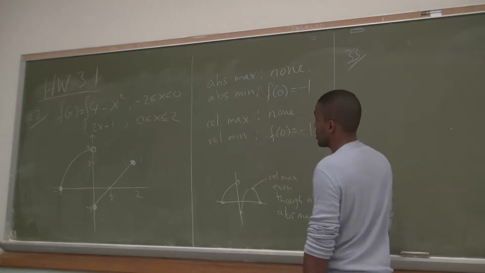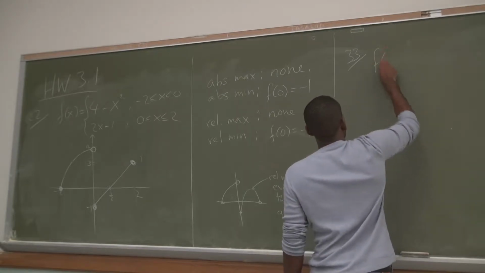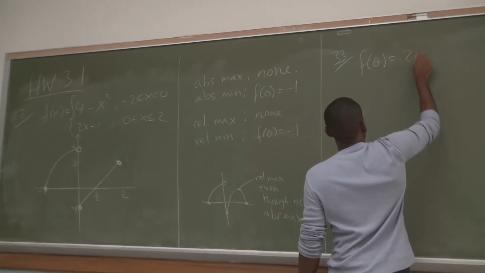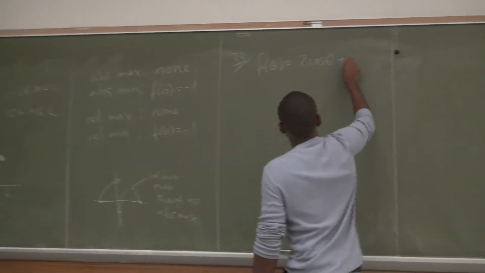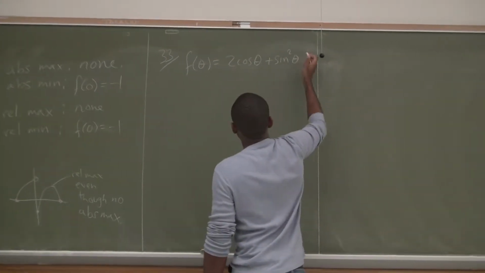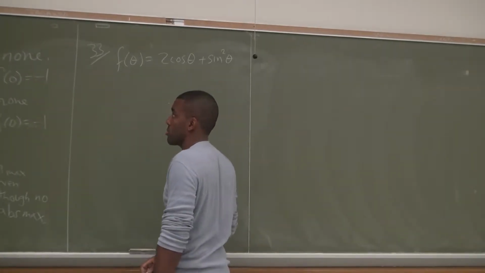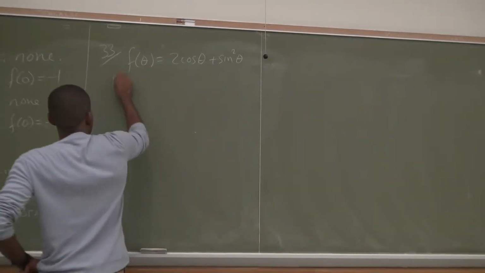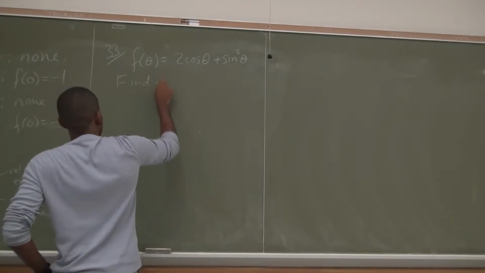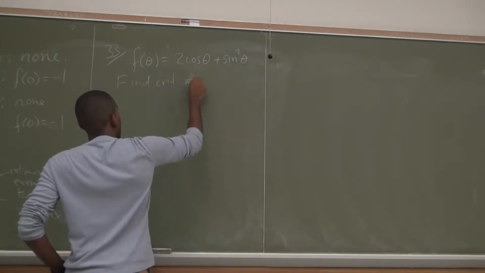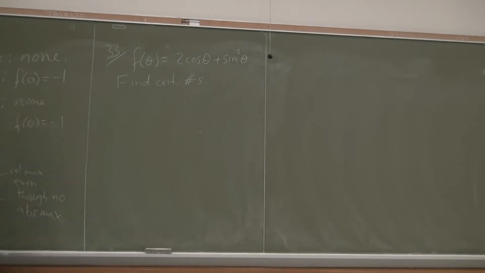What is 30? f of theta equals 2 cosine theta plus sine squared theta. Find the critical numbers. So this is all the theta values where the derivative is either 0 or undefined.